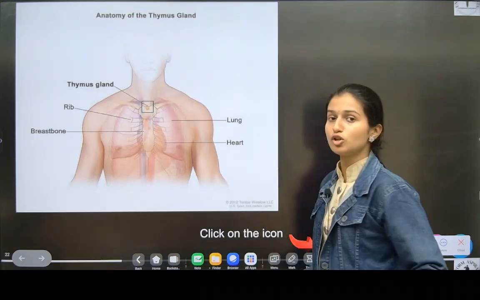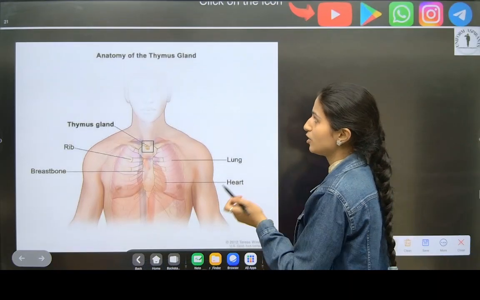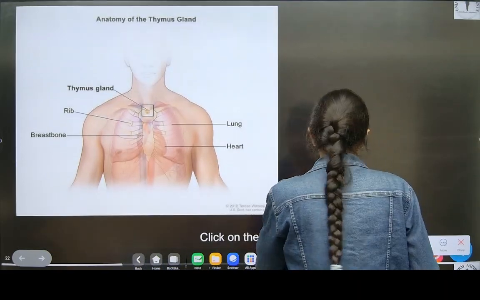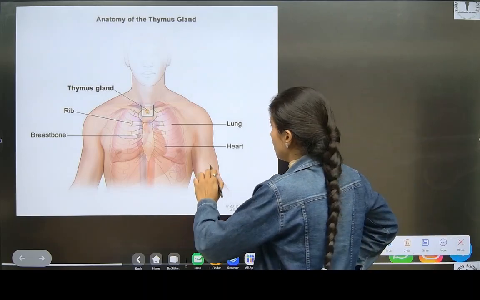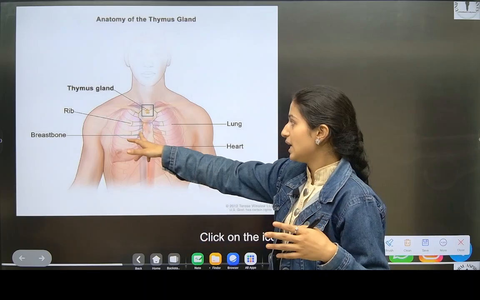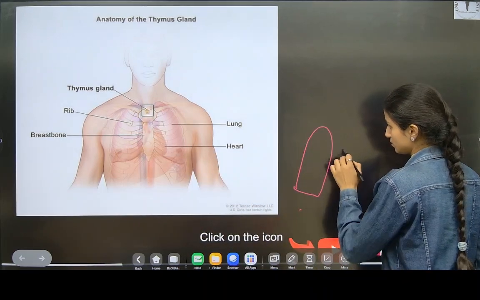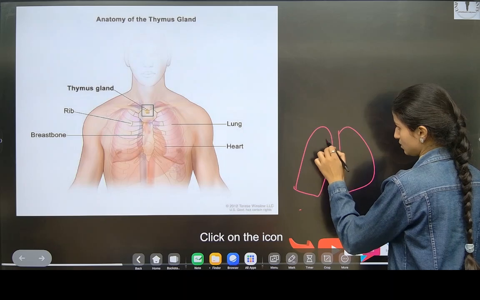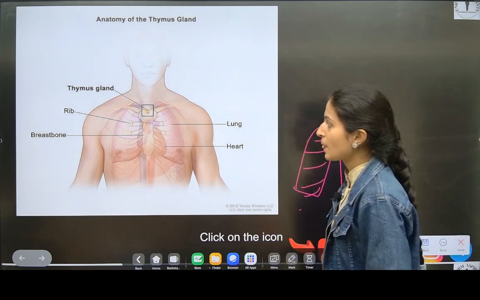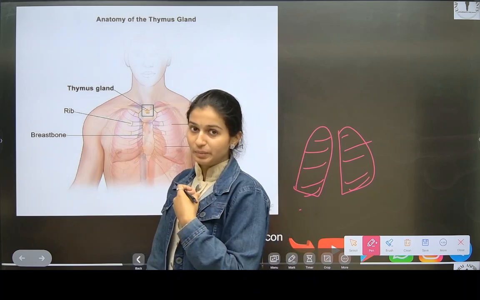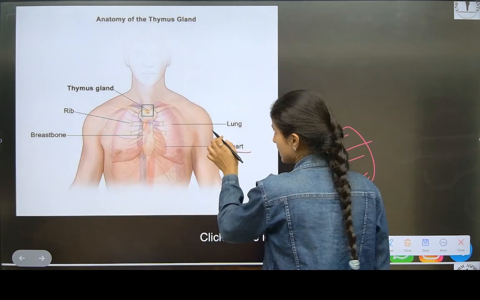Now we will see its location, where it is present in our body, the anatomy of the thymus gland. Our lungs are there, our ribs are there like this, then the breastbone is in between, then the heart and lungs are there.